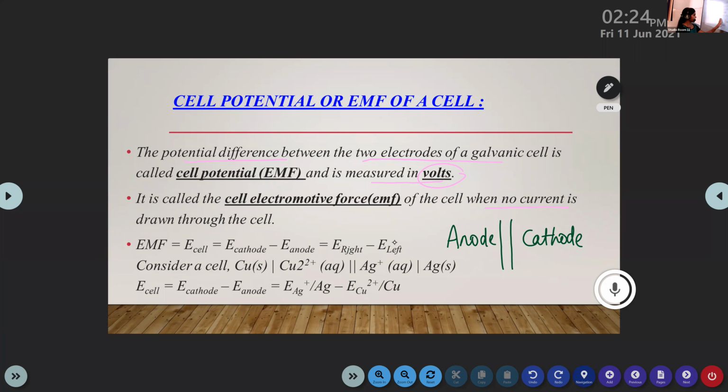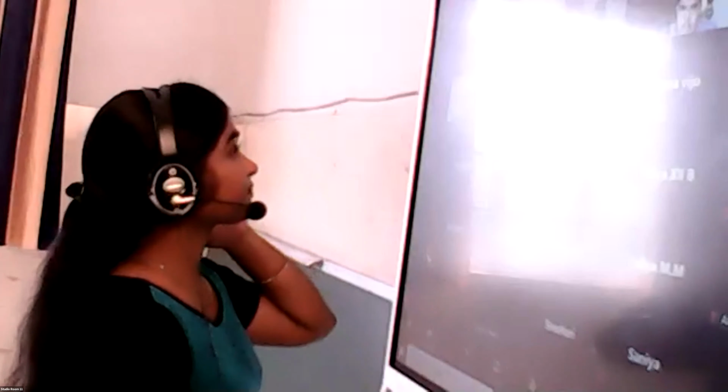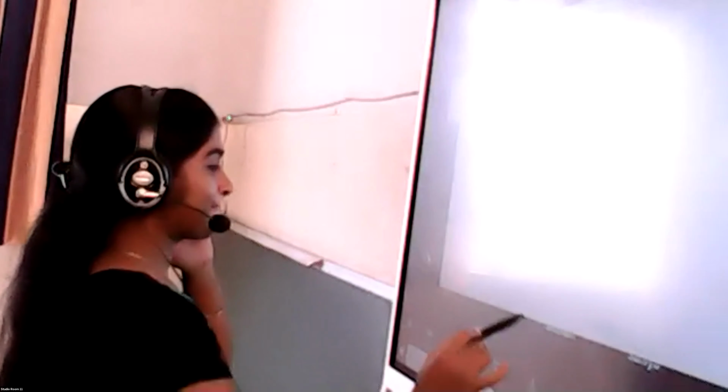Then you have to consider the cell. Copper and silver. Here copper acts as anode and silver acts as cathode. We have to find out the cell potential of this cell. Just 1 minute. Okay, children.